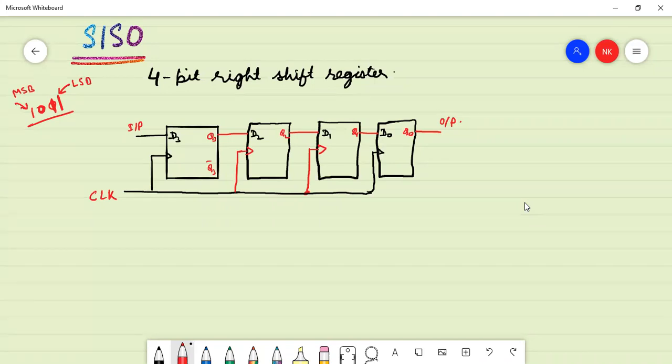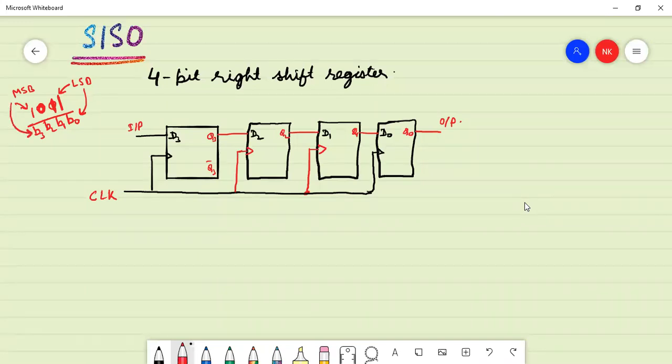Okay, so what we will do here is start introducing the LSB bit first. So let this bit be B0, this is B1, this is B2, and this is B3. Okay, so firstly we will put the LSB bit into the register.